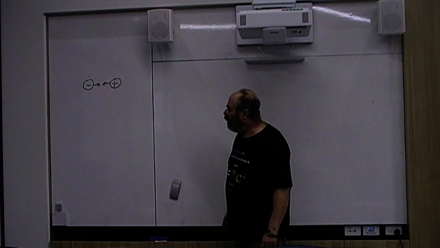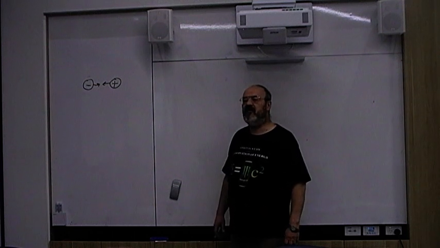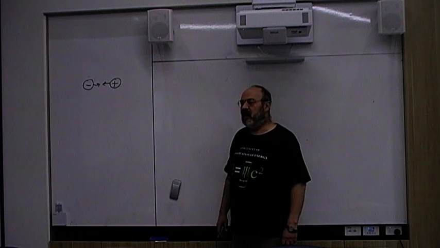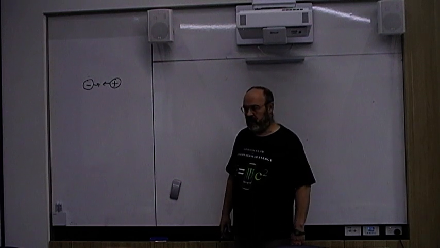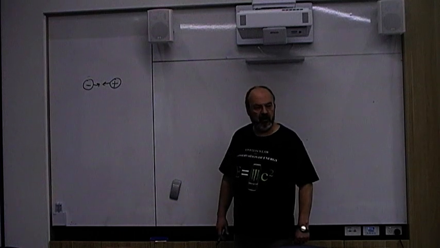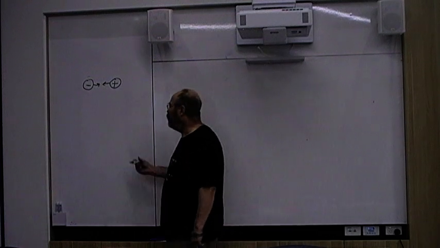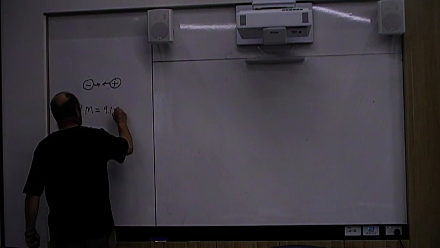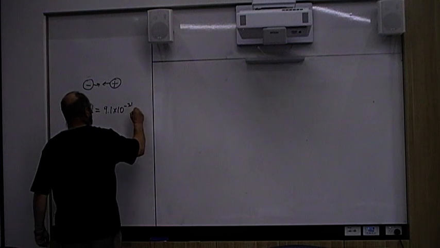By the way, let's calculate, if they are stationary, how much energy will be released? The mass of the electron and so the positron is, sorry, mass, not charge, 9.1 times 10 to the negative 31 kilograms.